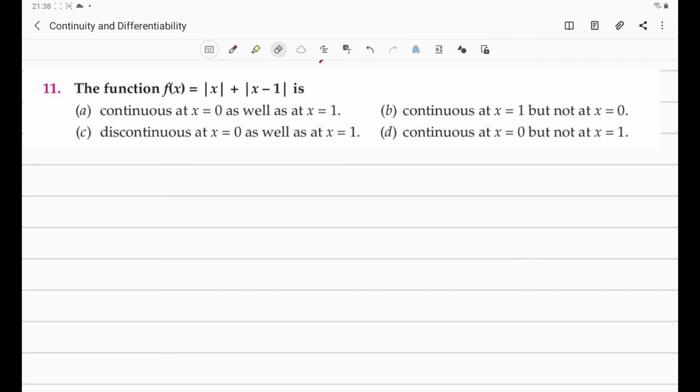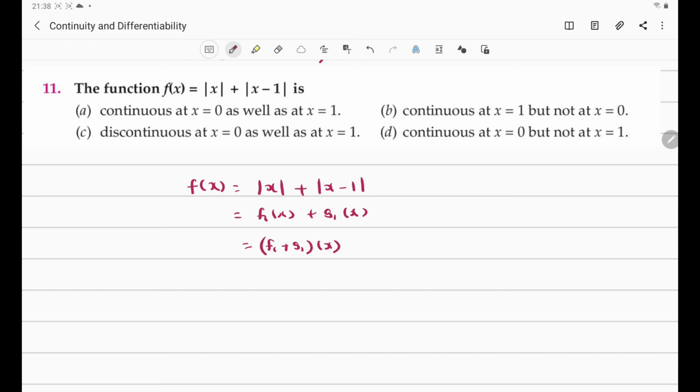Question number 11. The function f of x equal to mod x plus modulus of x minus 1 is. Whenever we have two functions, modulus of x and modulus of x minus 1, we consider this function as say f1 of x and this function as say g1 of x, and since the two functions are continuous, the sum function f1 plus g1 is also a continuous function.